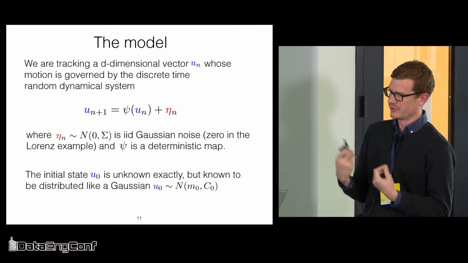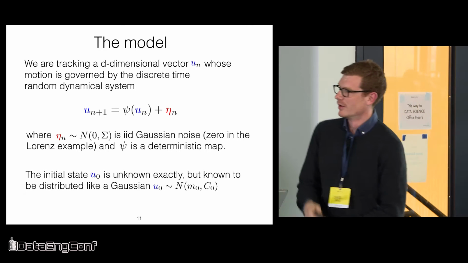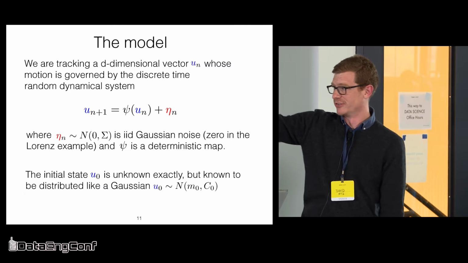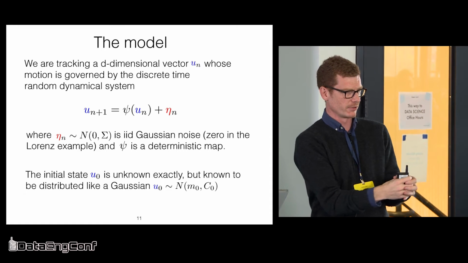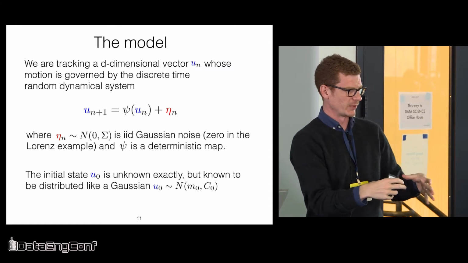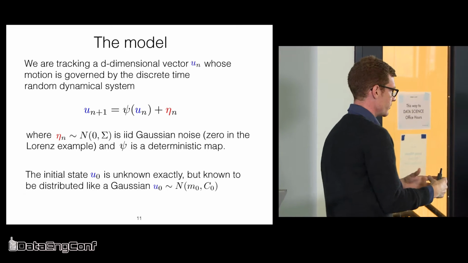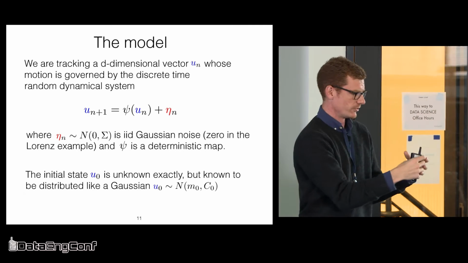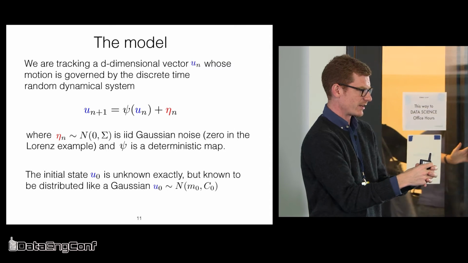So the problem is the initial state, u_0, is not exactly known. For instance, we might just know that it's distributed like some Gaussian. So you could think that we know the mean of where it is, and we know that it has some spread. So what happens as we evolve in time? In that animation I showed you, you could imagine that we had this little tight Gaussian, and those 10 points that we had were samples from that Gaussian.